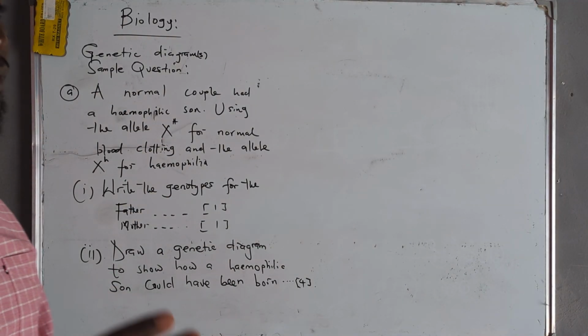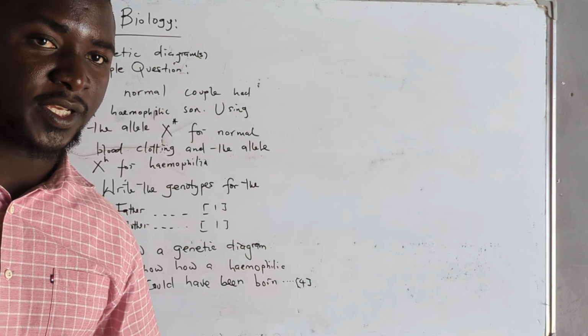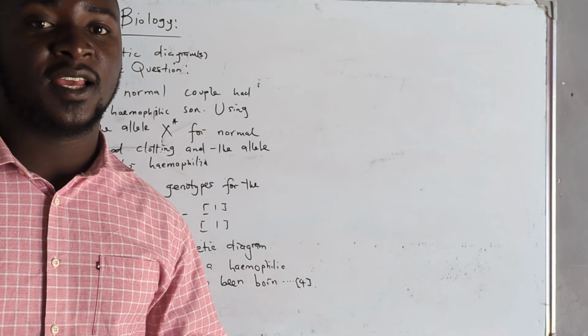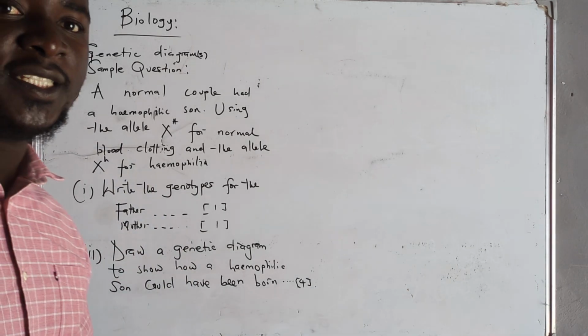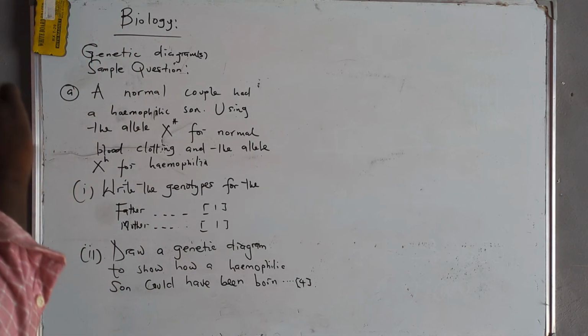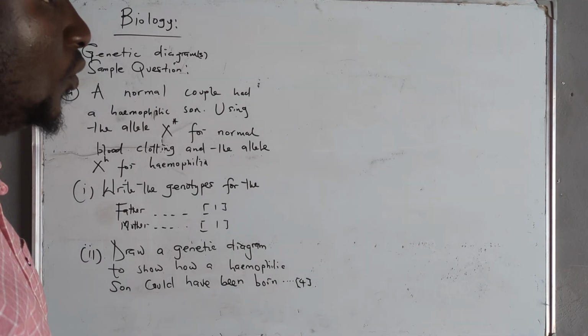Okay, so talking about hemophilia, we should understand that it's a genetic disorder. Since we're looking at genetics, you must understand that hemophilia is a genetic disorder which is carried by a recessive allele.